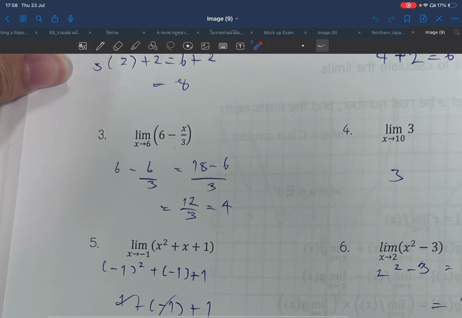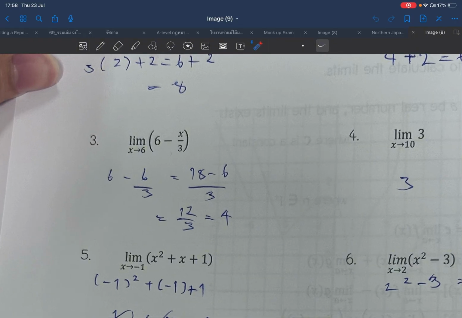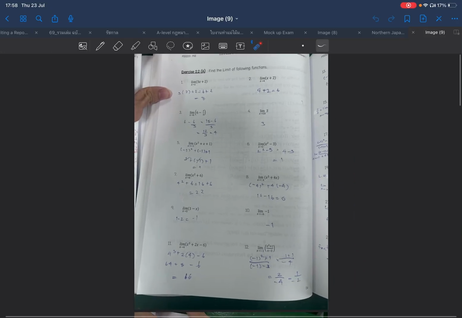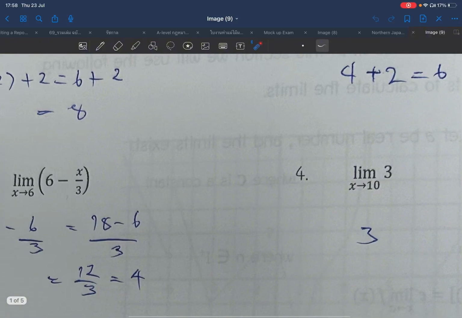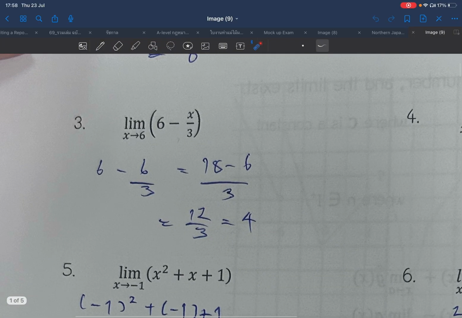Number 3. So this is a bit more complicated and more advanced than the earlier two, but we could pretty much get through it pretty easily. So we substitute x approaches 6 into the expression.